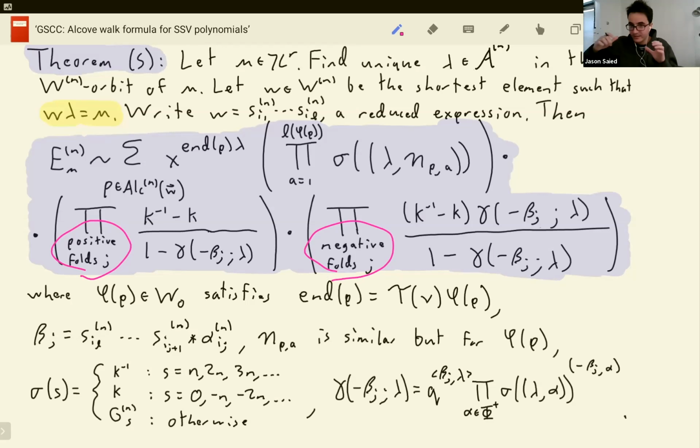And this information helps us track more of what's going on with these coefficients. But for the Littlewood-Richardson rule, I have to add more decorations. I have to care not just about folds, but in what situation the fold is happening. But once I add suitable decorations, then the coefficients are also given in terms of certain alcove walks.